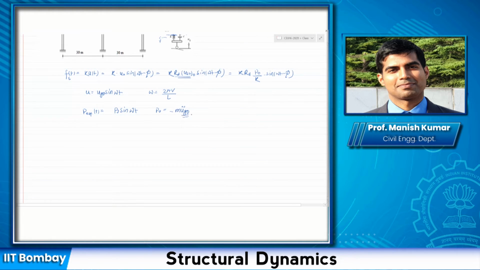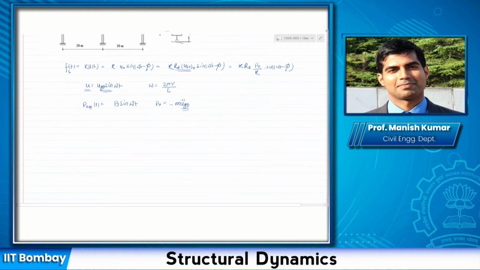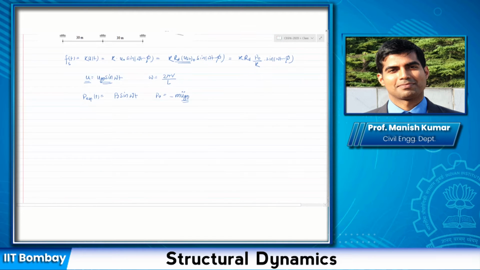However, I don't know the peak ground acceleration. I know the peak displacement. So I'm going to take this displacement excitation and differentiate it twice to get the ground acceleration.